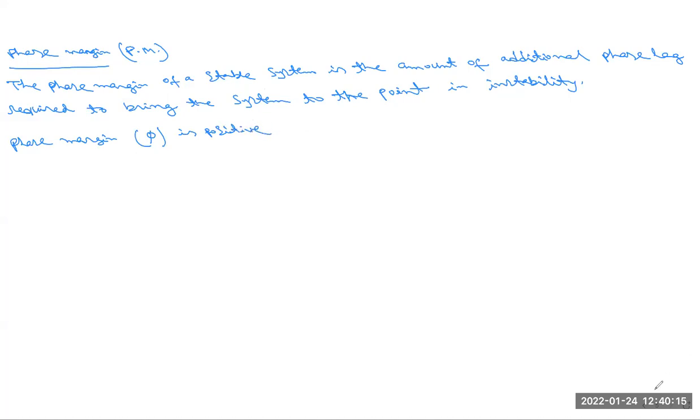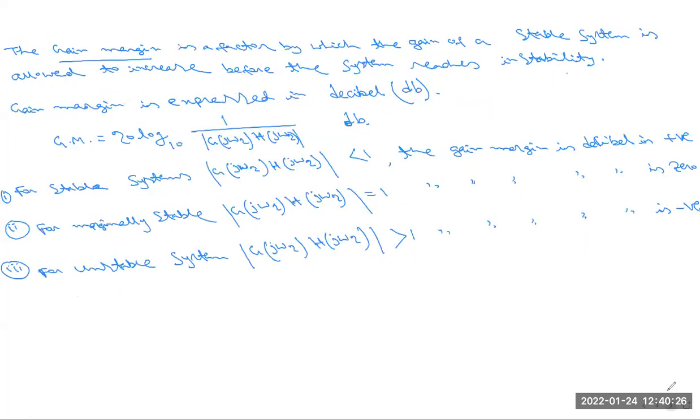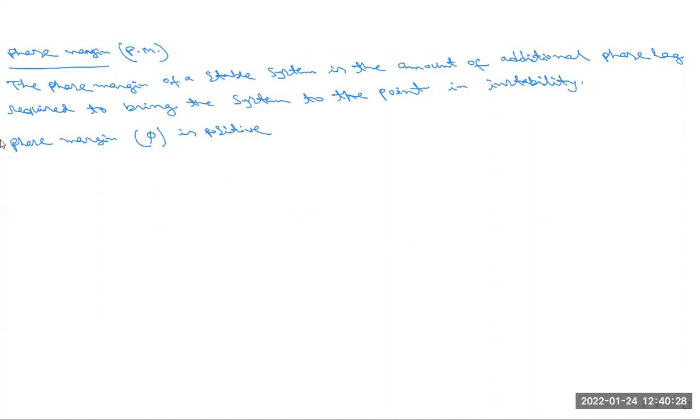You have to go to the previous diagram. So this is basically the phase angle, where we have to express phi also. This phase angle is also positive for the stable system. We have to plot it in the Nyquist plot also.